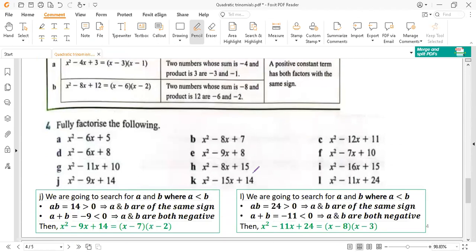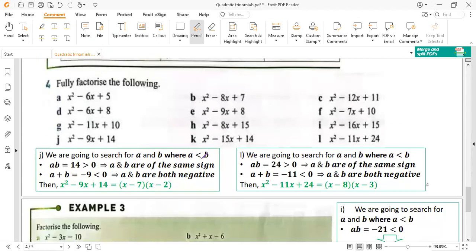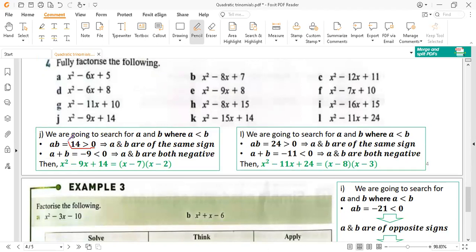Here, for example, we should be very aware of the constant. The constant in this quadratic expression is 14, positive, so a and b are of the same sign. But the sum is negative, so a and b are both negative.